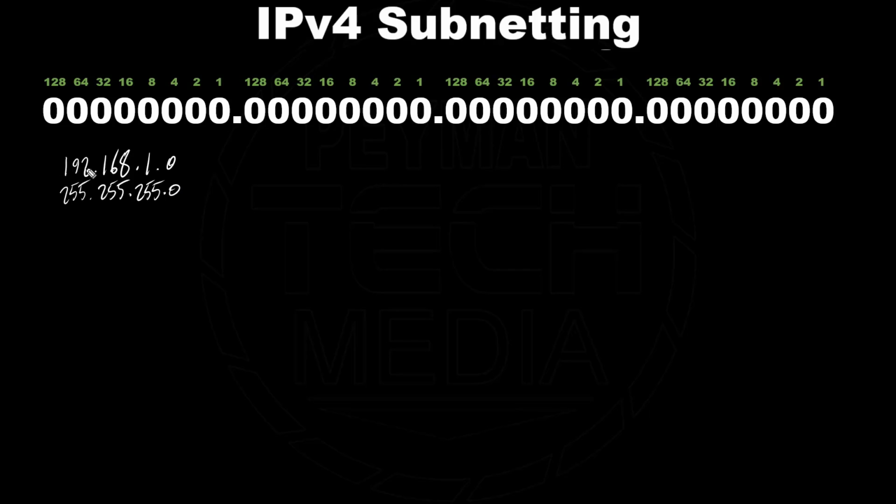We know 192, this is a class C network. The default subnet mask for class C is 255.255.255.0, and this default subnet mask will give us up to 254 available IP addresses, but they are asking for 32 available IP addresses per subnet.